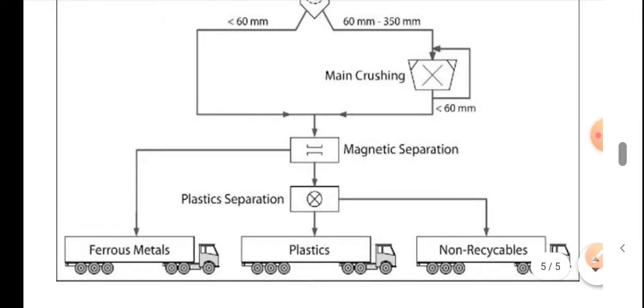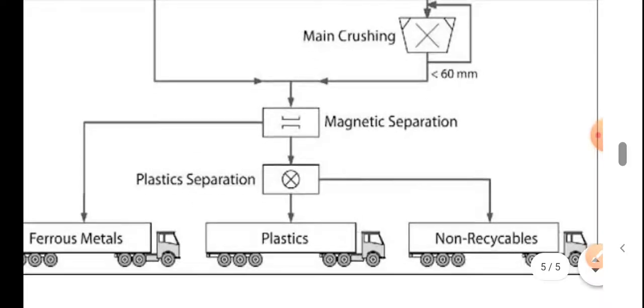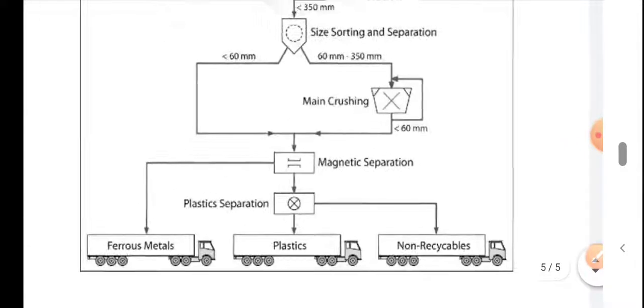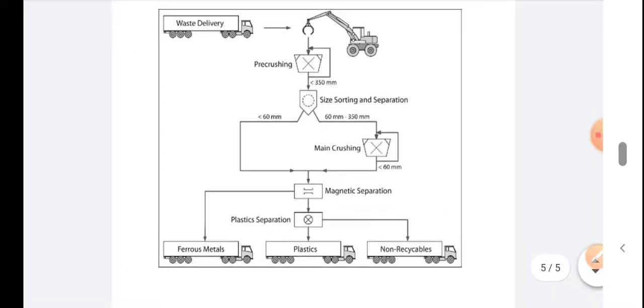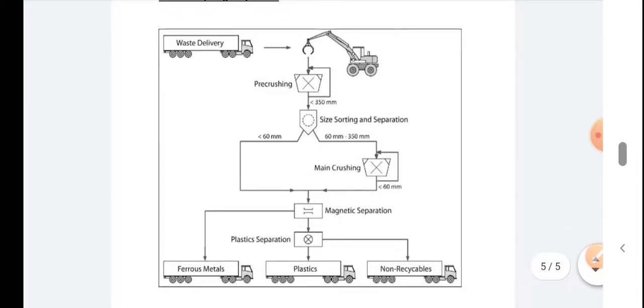In this way, the waste material is separated in the form of ferrous material, plastic, and non-recyclable materials. So this is a brief about the waste recycling plant. Thank you.